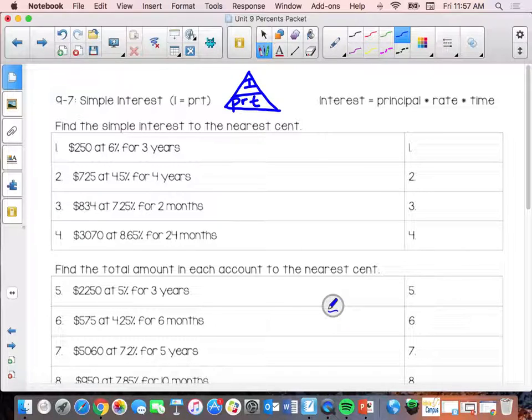They'll give you 3 of the 4 numbers and you have to find the 4th. So again, R has to be a rate as a decimal. In other words, you have to convert it by dividing by 100. So for example, 5%, you would do 5 divided by 100, which is 0.05. And T has to be time in years.